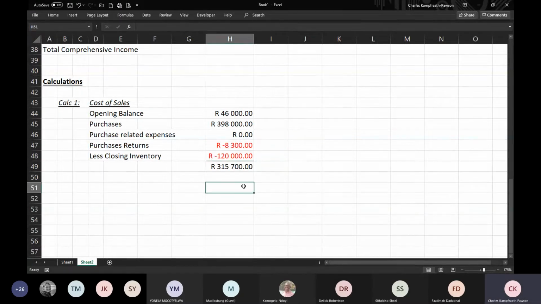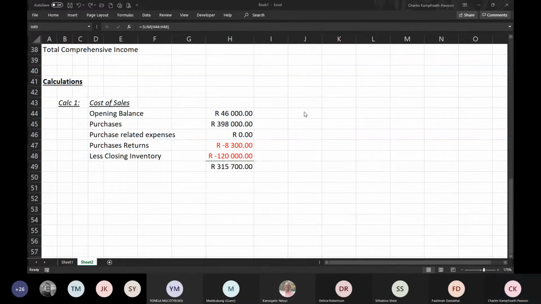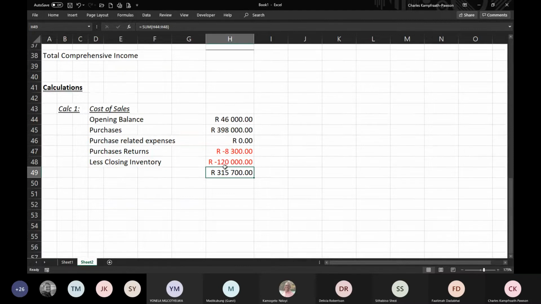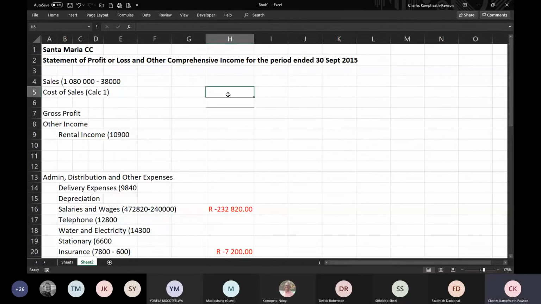Okay, so there we have cost of sales. Everybody happy with that cost of sales? Sales is the 1080.